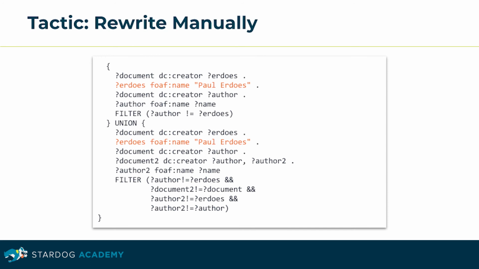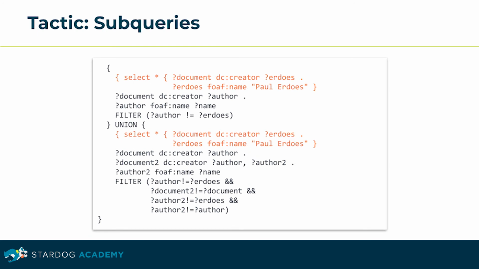We can also rewrite this manually, putting the triple, or BGP, directly in, and rewriting it as the subquery as recommended in how to fix a problematic query. The objective here remains the same. We want to push that selective operation as far down in the query plan as we can.